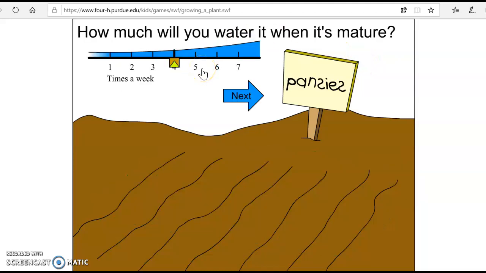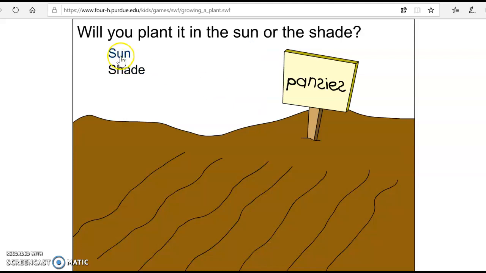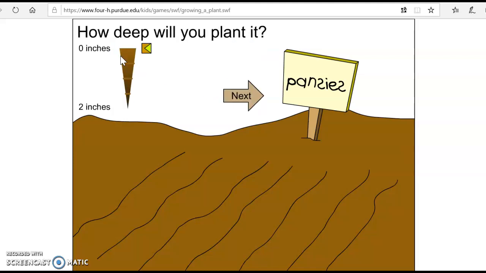All right, pansies. I don't think pansies need too much water, so I'm going to say that they will need to be watered twice a week, probably if it's not too hot outside. And pansies do like the sun. I think pansies, like cabbages, only need to be buried about 1 inch into the soil.